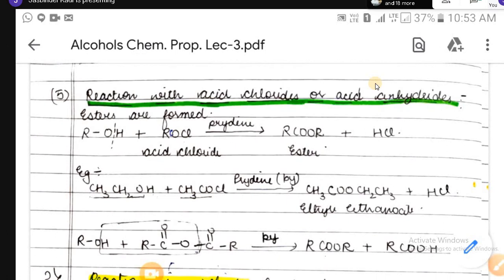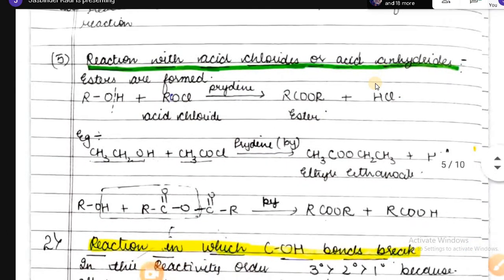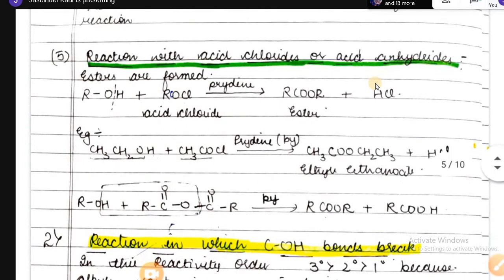And similarly, if we take alcohol with acetic anhydride in the presence of pyridine, then also ester is formed and the second product is carboxylic acid. So alcohols with carboxylic acids, acid chlorides, and acetic anhydrides always give esters as the main product.